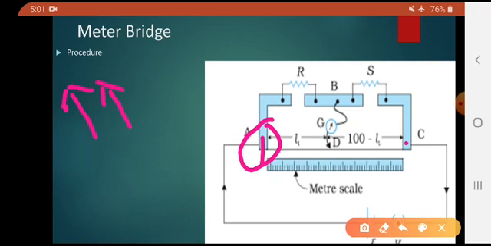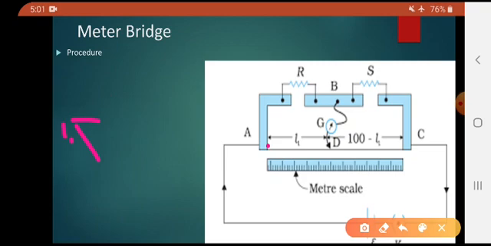When you touch A, it shows left. When you touch C, it shows left.